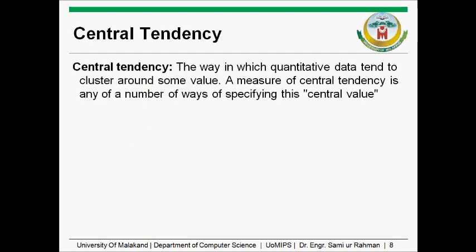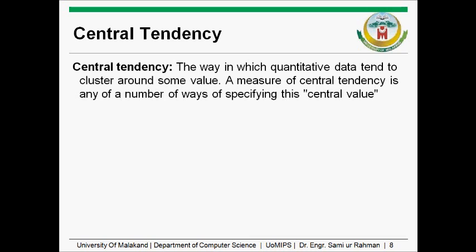And then the next term is central tendency. So the concept of central tendency is that, like, the accumulation or the outcome of some events, and if these outcomes are spread along some central point, that is central tendency.